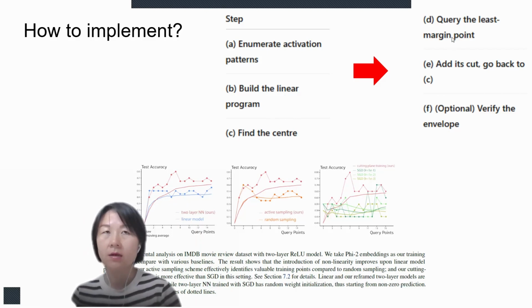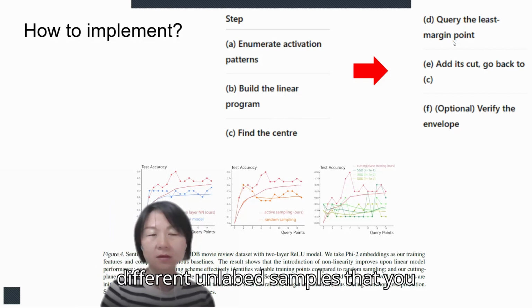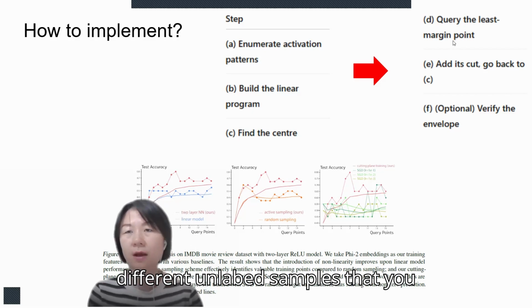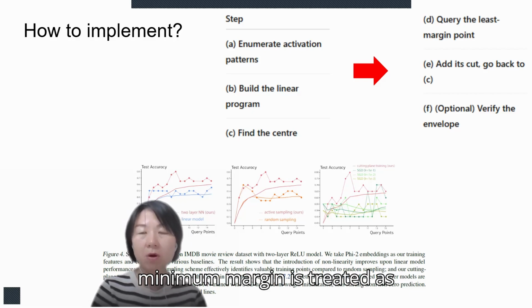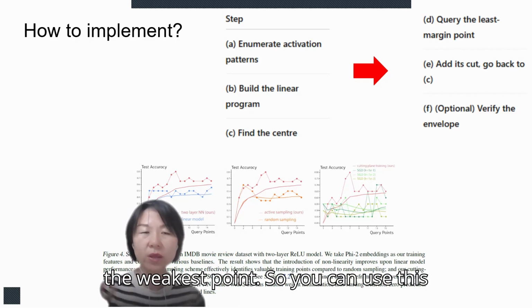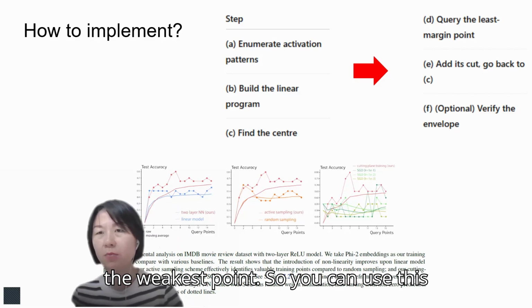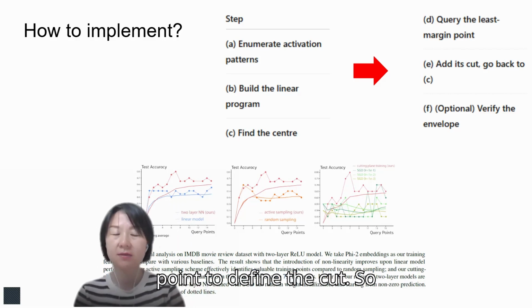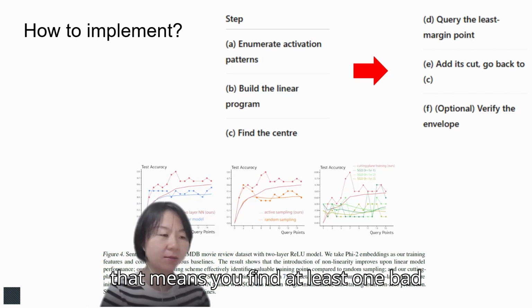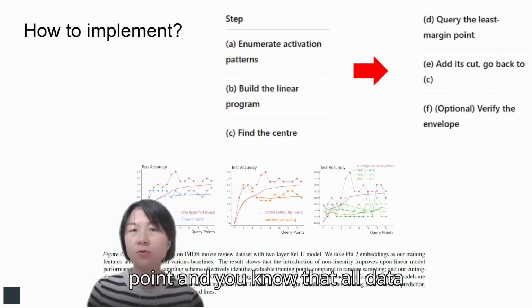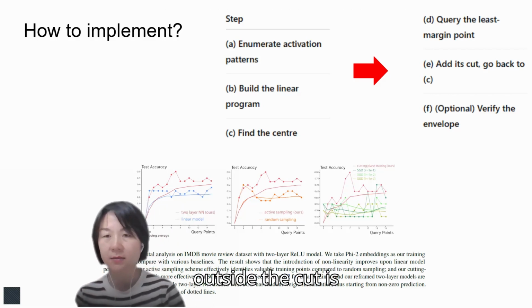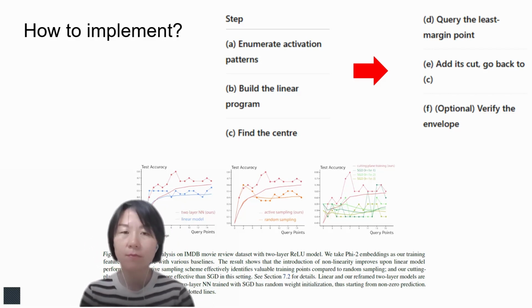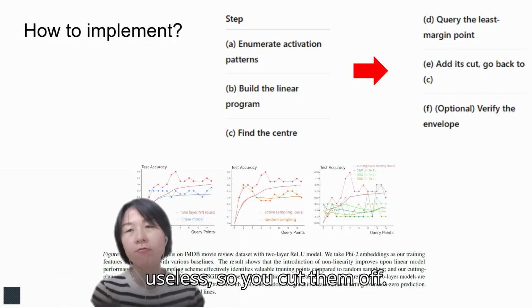According to this margin, you can order the different unlabeled data so that you have a query, and the sample that has the minimum margin is treated as the weakest point. You can use this point to define the cut. That means you find at least one bad point, and you know that all data outside this cut are useless, so you want to cut them off.